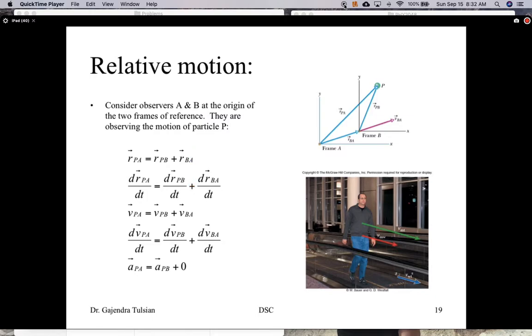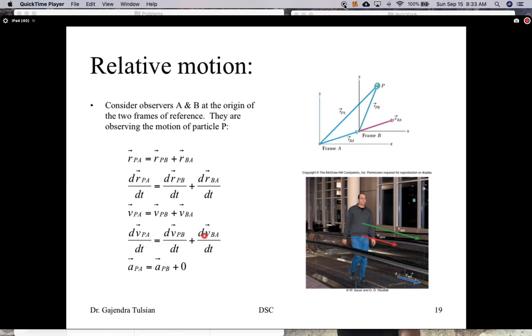And if you take the derivatives, what this equation is telling you is that this is the velocity of the bird with respect to A, and that's equal to the velocity of the bird with respect to B, that is, the velocity as seen by the person in the car, plus the velocity of frame B with respect to A. So that would correspond to the velocity of the car with respect to the ground.